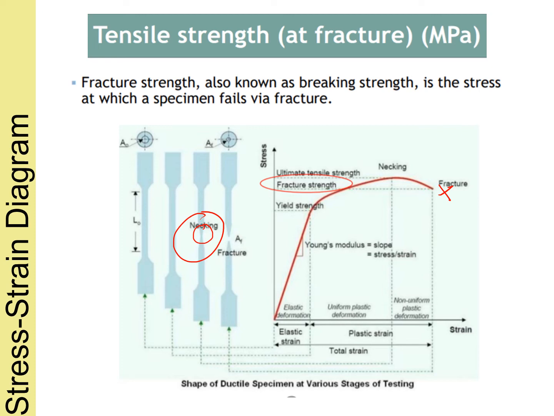As a result, a constriction or neck develops, where the elongation of the sample continues. Finally the specimen breaks at the fracture stress, sometimes called the stress fracture, denoted by sigma F.